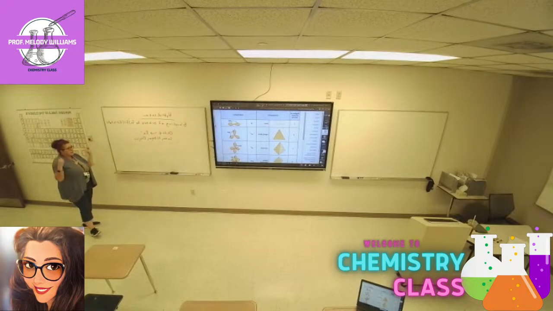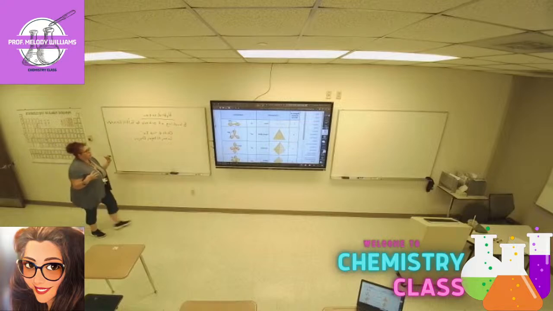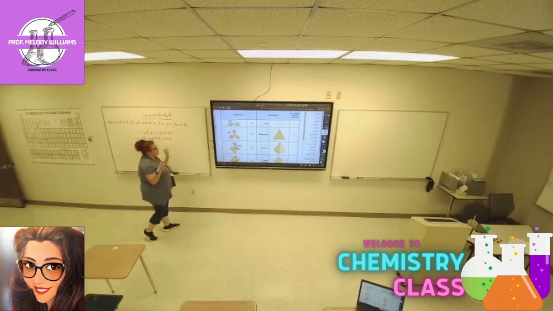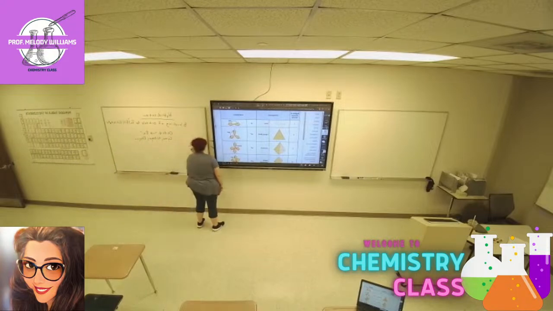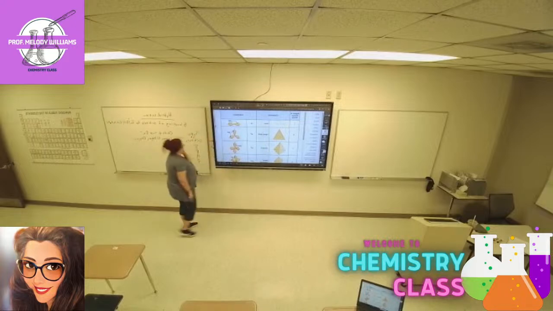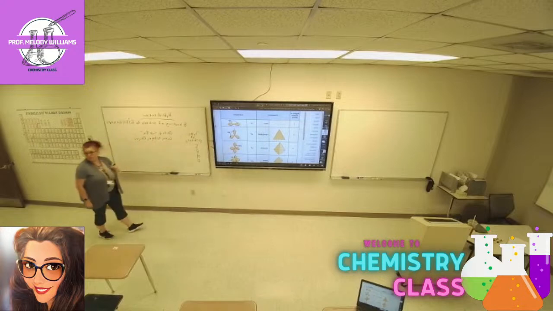So if we go back into the recesses of our brains and we try to remember about the shapes of orbitals and things associated with that, how we label them, we've got S, P, D, and F. These are the types of orbitals.